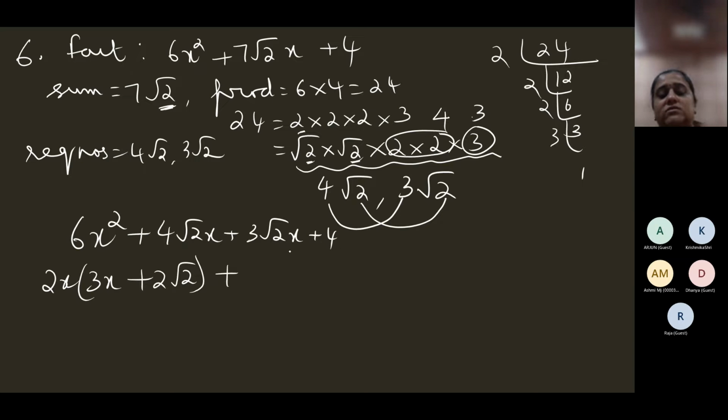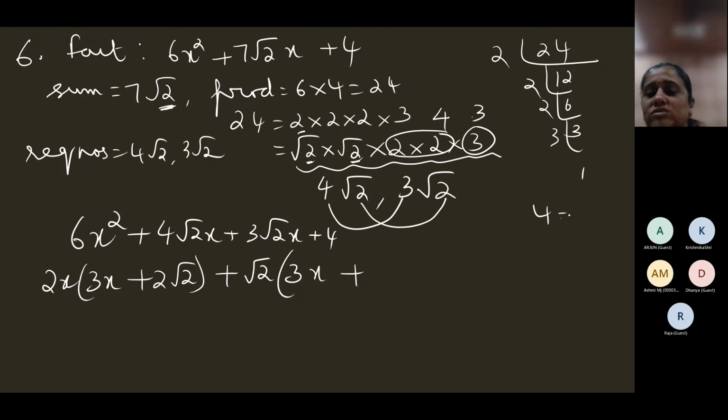Now what's common between 3 root 2 and 4? Root 2 is common. So 3x plus root 2.